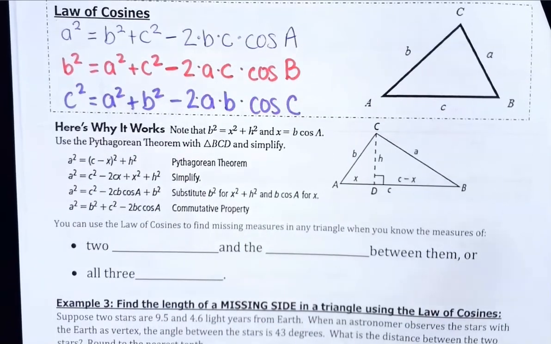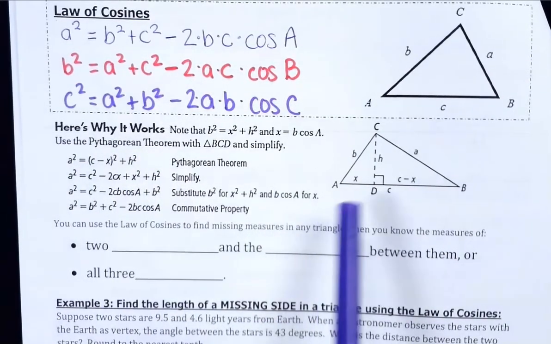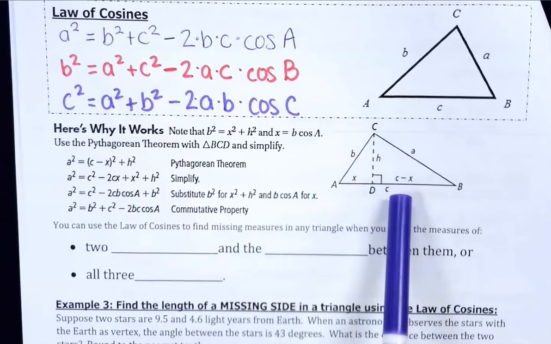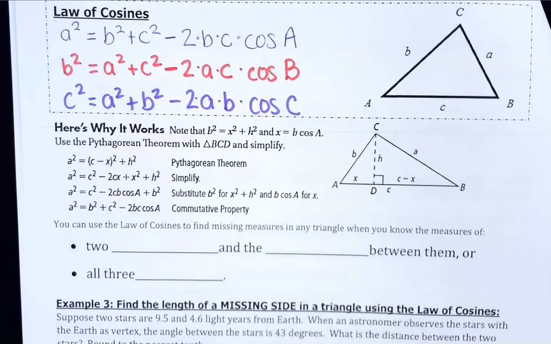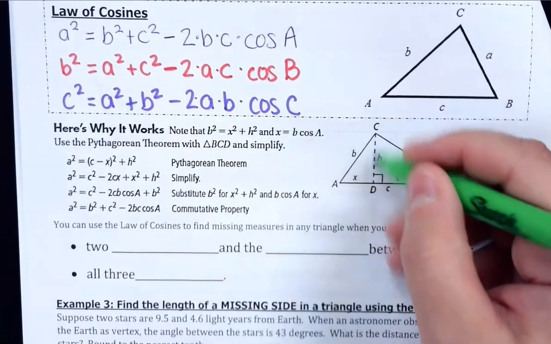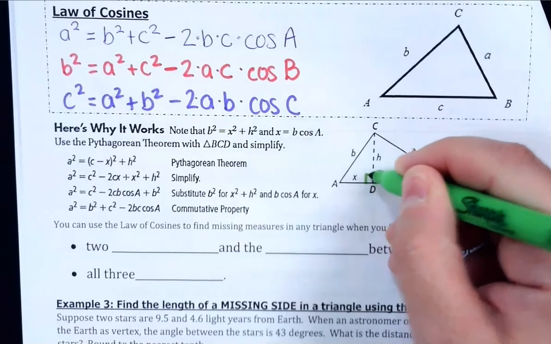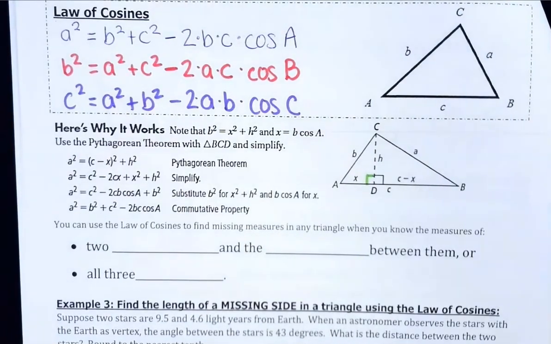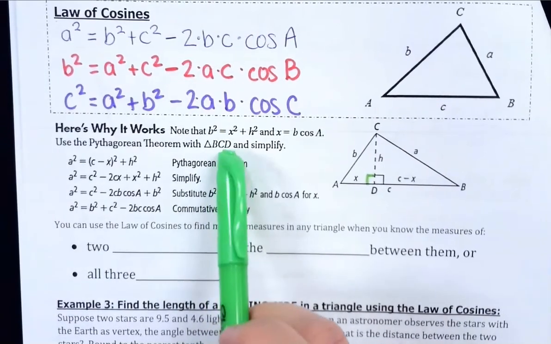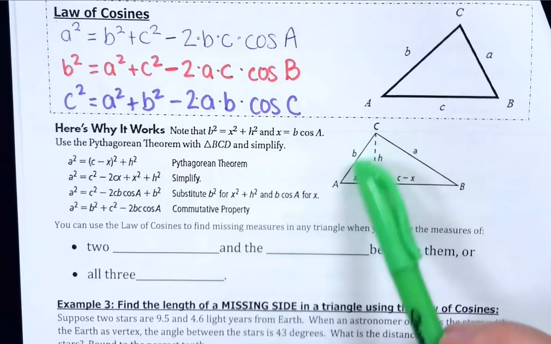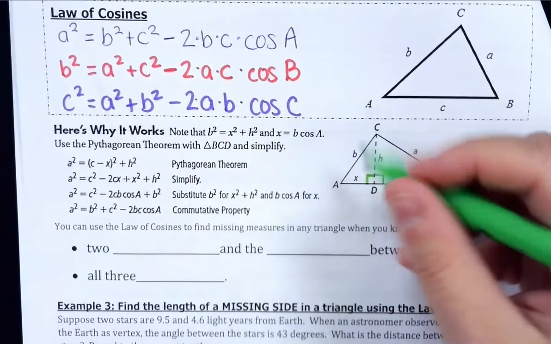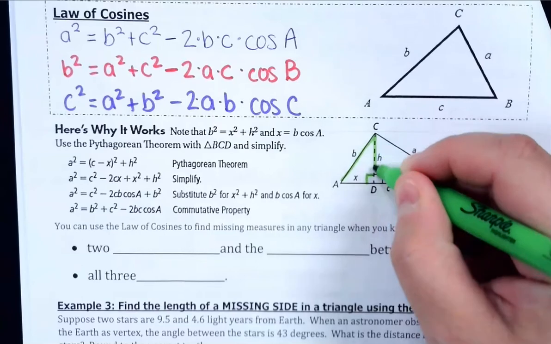Okay, so here, just like I had on the front, is a little proof of how the law of cosines was developed. And again, I have a right triangle here on the inside created by dropping the height on either side of that dotted line. The overall triangle, though, is not a right triangle. Okay, so what they have up here is just a little Pythagorean theorem just for this little triangle here.